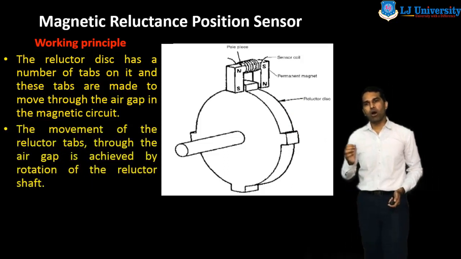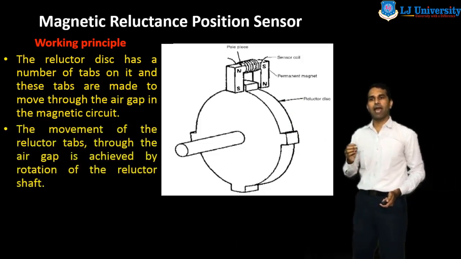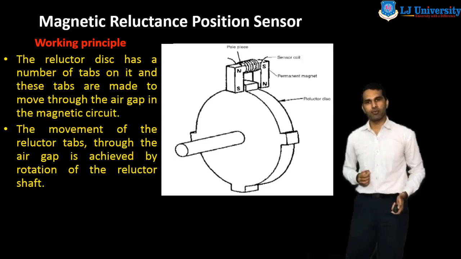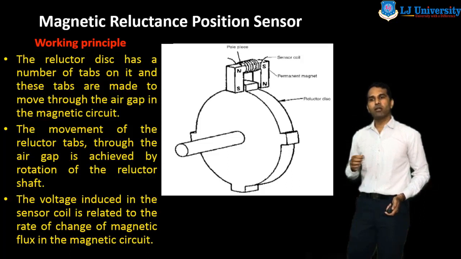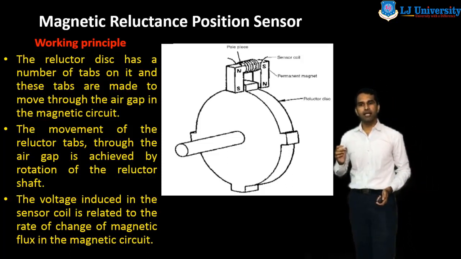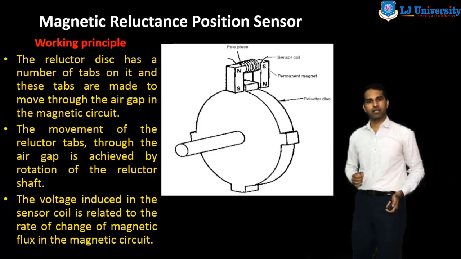The movement of the reluctance tap through the air gap is achieved by rotation of the reluctor shaft. The voltage induced in the sensor coil is related to the rate of change of magnetic flux in the magnetic circuit.